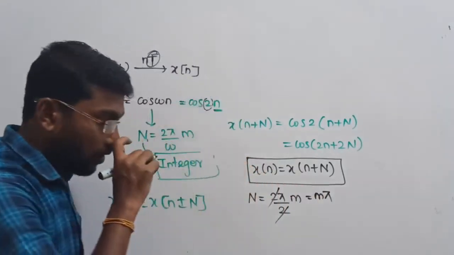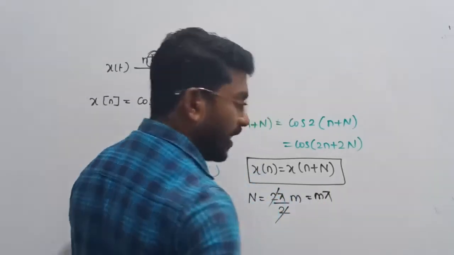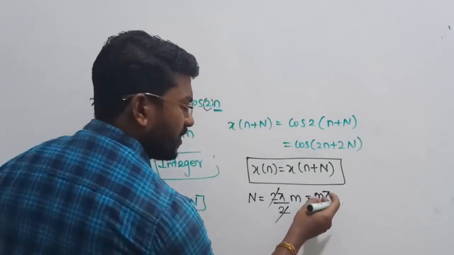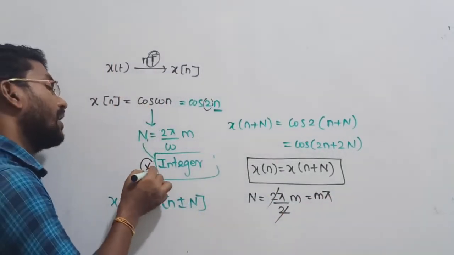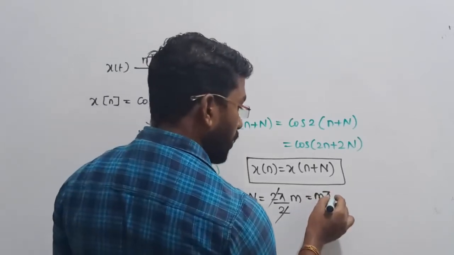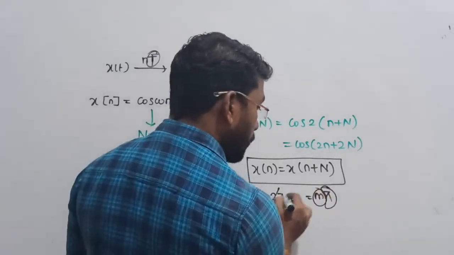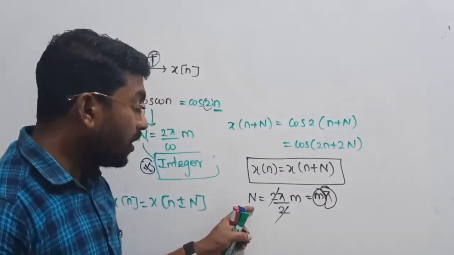But do remember what I told you. You cannot consider this m times pi at all. N cannot be pi or root 2 or such values, so you cannot consider it for N. N must be an integer. So what you have to do is, pi I cannot consider, but I have to choose a proper value of m in order to obtain the minimum sampling interval.